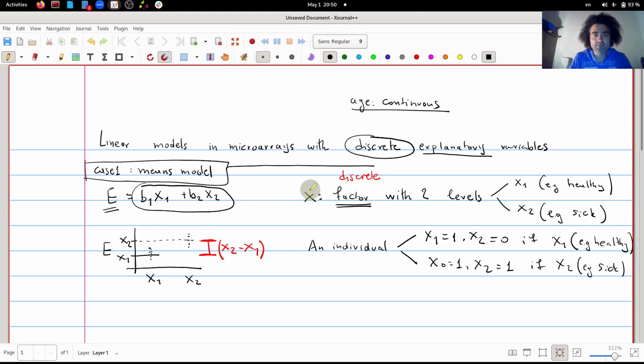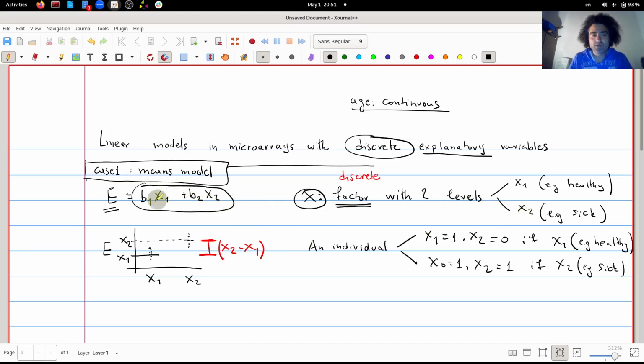The explanatory variable x is the factor that we are interested in, and this might be the health condition. This health condition might have two levels: level 1, which is healthy, and level 2, which is sick. Now this x is a factor, a discrete variable with two levels, and we try to explain the expression level based on the values of these two levels of this factor.